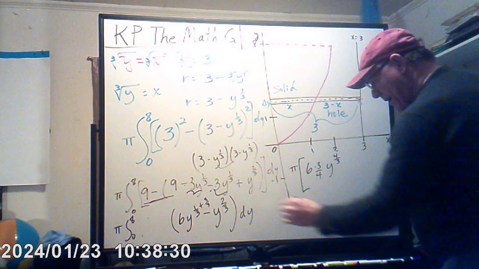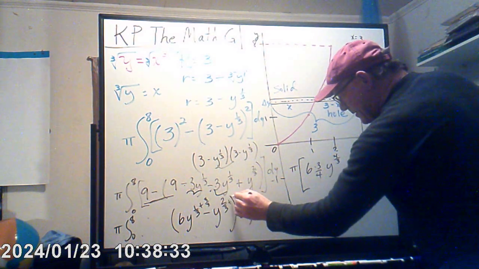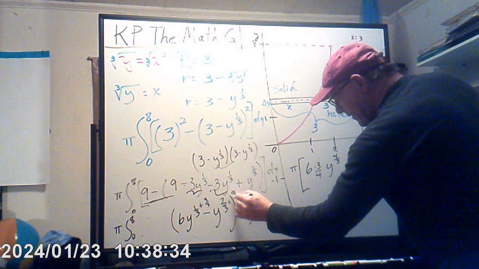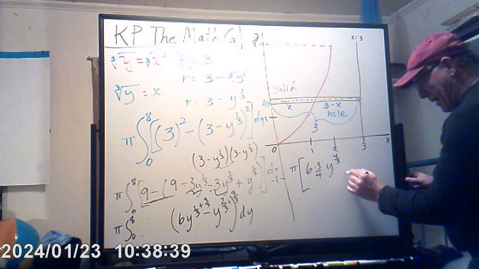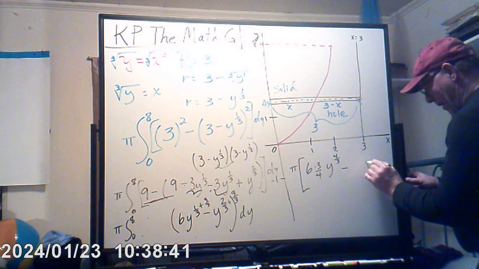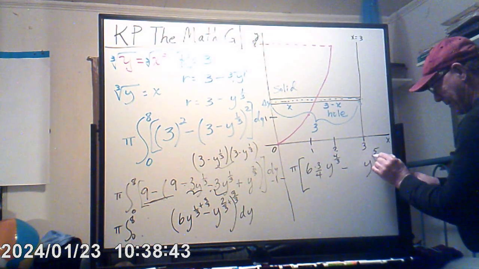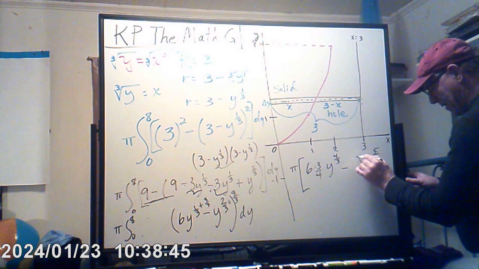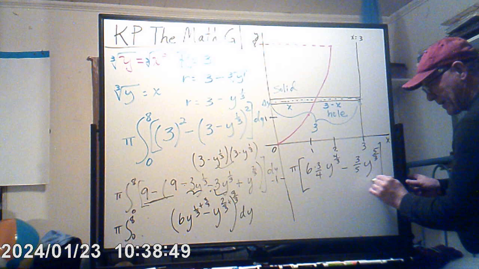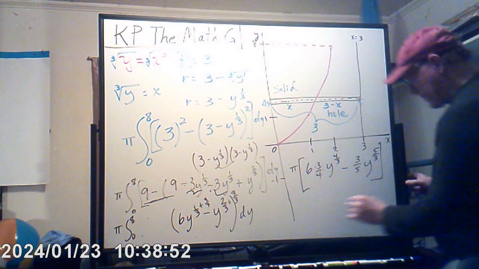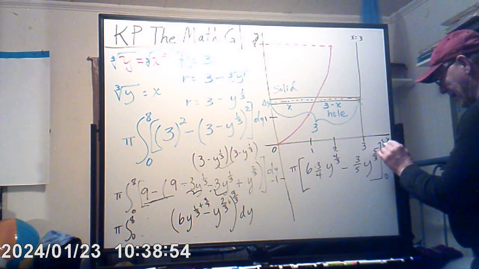Okay, and then add 1 to 2/3. So 3/3 plus 2/3 is 5/3. So minus y to the 5/3, and we're going to flip that over, and that's going to be 3/5. And we're going from 0 to 8.